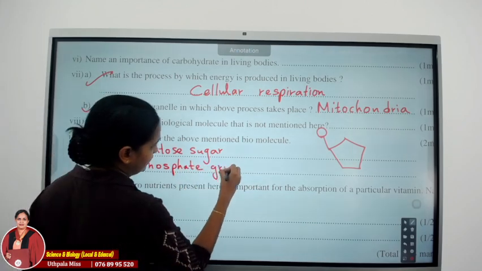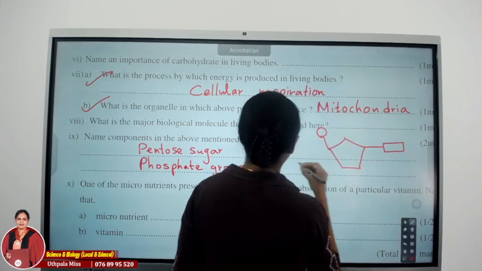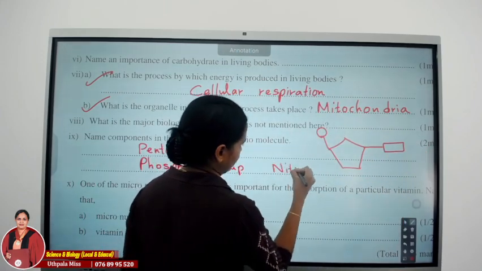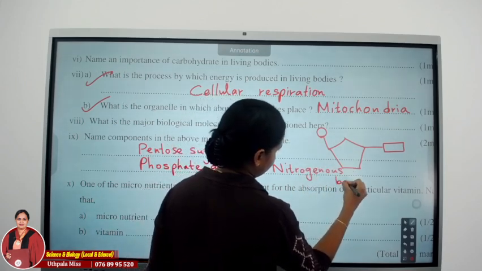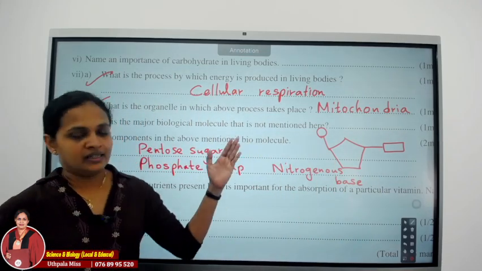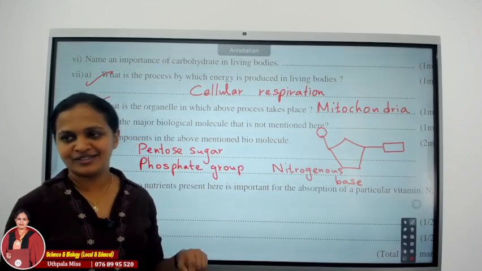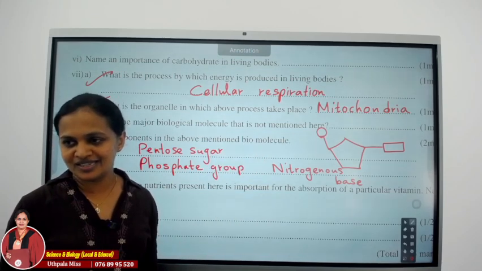And finally, what is the other one here? The nitrogenous base. Yes, the nitrogenous base is also available. These are the three components in a nucleotide, right? So the nucleotide is the basic unit which makes nucleic acids, both DNA and RNA, right?